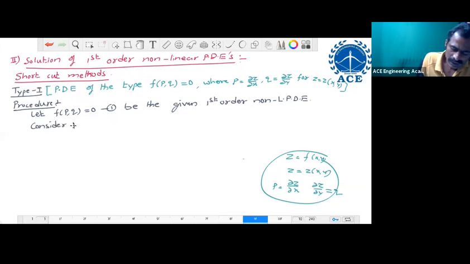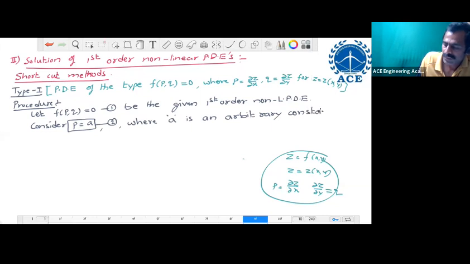Consider p equal to a, equation 2, where a is an arbitrary constant. Put 2 in 1.